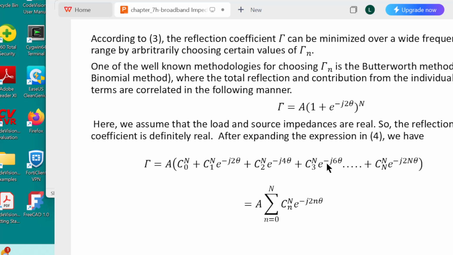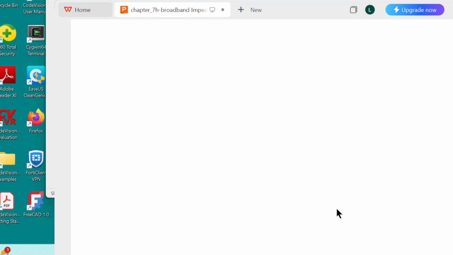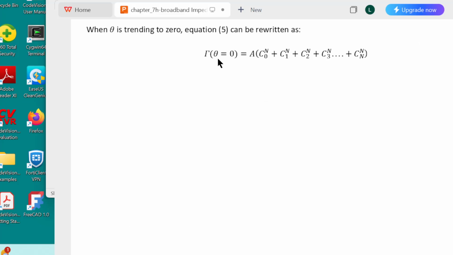If theta is 0, then e to the power 0 is 1. Then the sum of this here is A times the sum of this. And this is what I want you to know. If theta is 0, then you can calculate this.